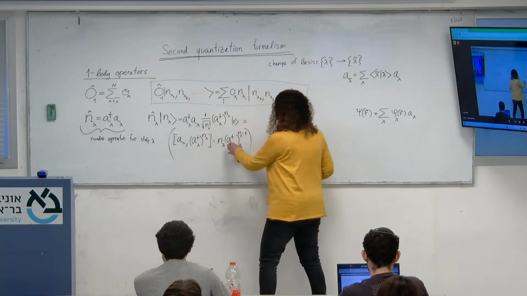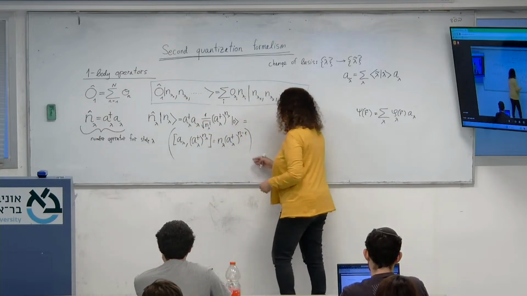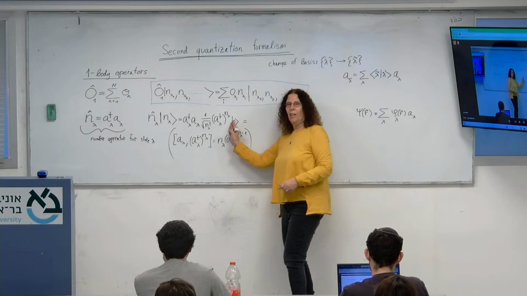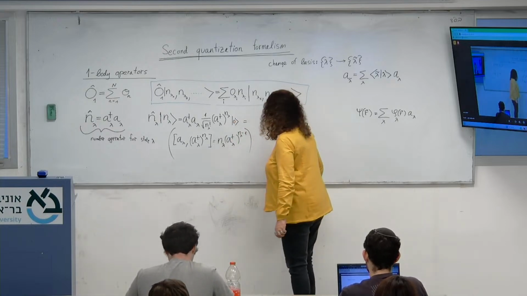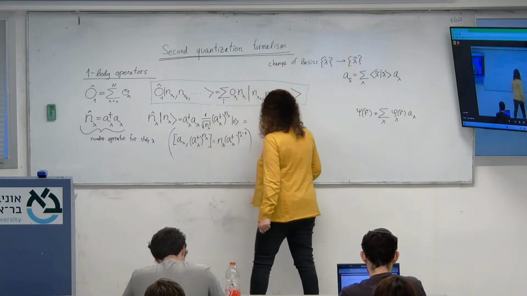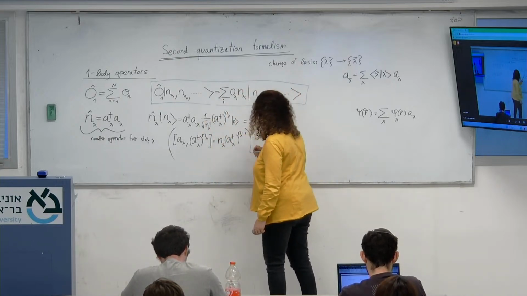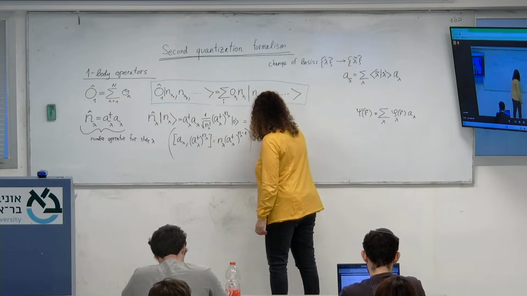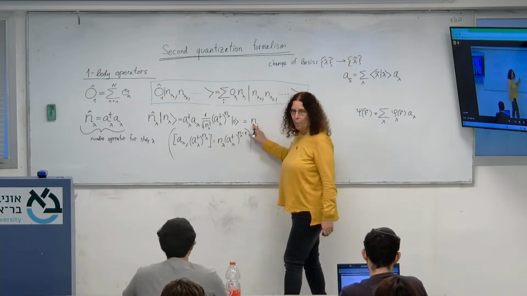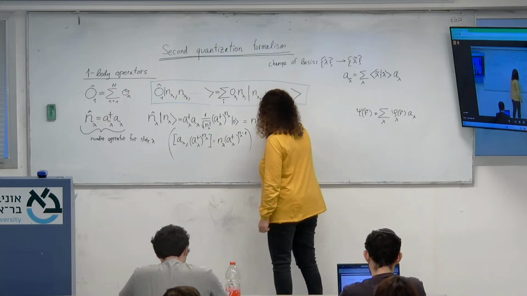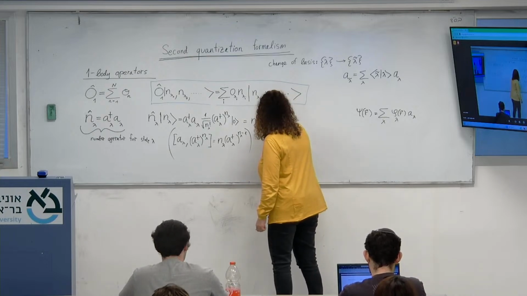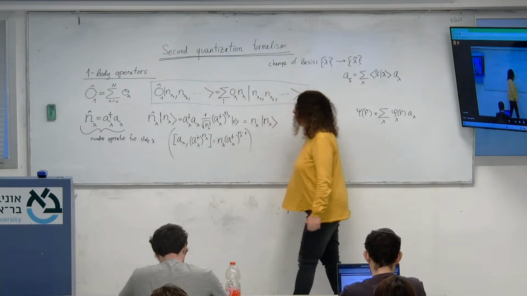When I do the switch, once a is near the vacuum, it annihilates it, so it gives 0. And therefore, you can easily see that the result is n lambda, just here the number, not the operator, the occupation, times the state.